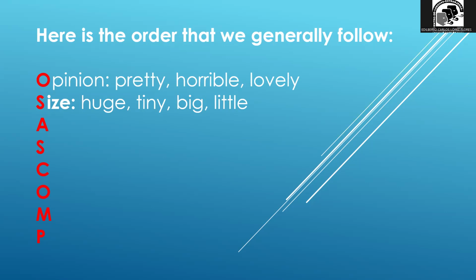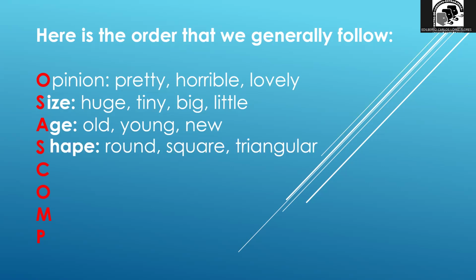The next one is the letter A for age. Old, young, new are the ones you can use in this section. The letter S is the next one for shape. Round, square, triangular. Let's continue with the next.